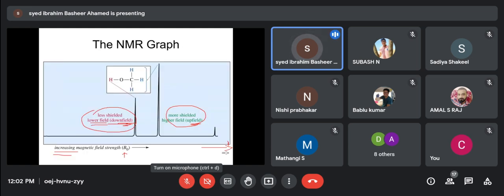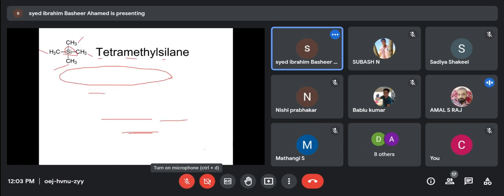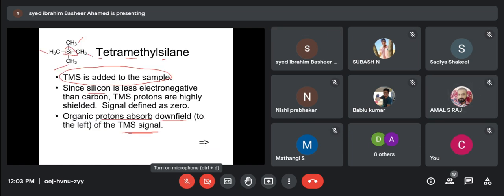So you will have a TMS signal which is assumed to be 0. Okay, so here the scale will be 0. Downfield means left hand side of this TMS. Is it clear? Yes, sir. Okay.